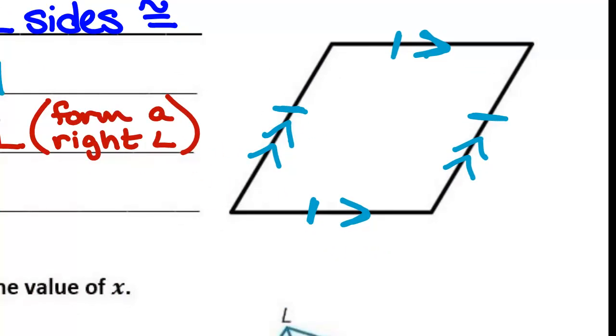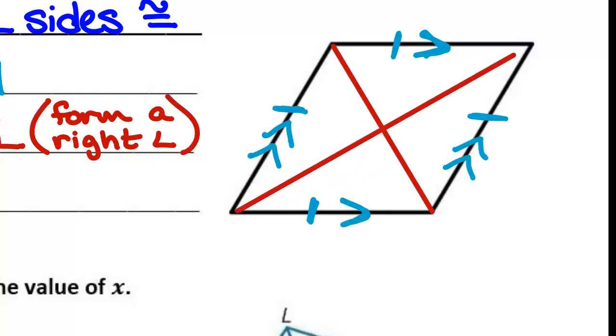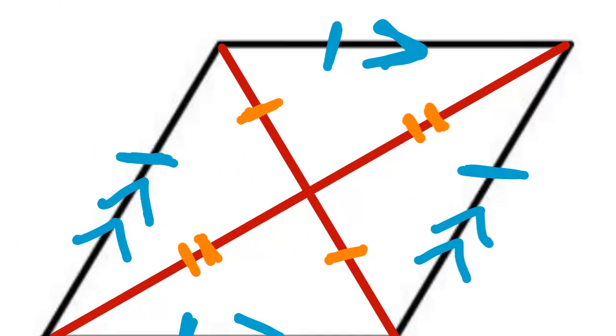So let's go ahead and draw those diagonals in, connecting opposite corners. This half diagonal is congruent to this half. This half diagonal is congruent to this half. They're not all four congruent. So this is different than a rectangle. But where they touch on the inside is making right angles.